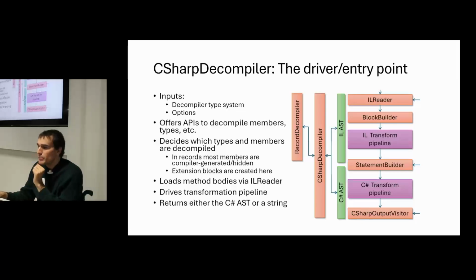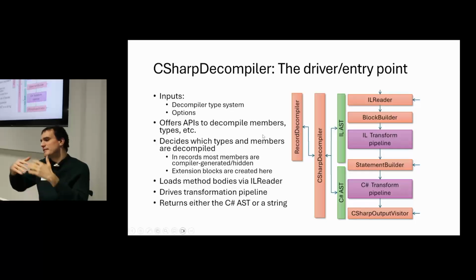Also, extension blocks are inserted at this top level of the decompiler pipeline. And the first thing is we load the method bodies via the IL reader and we start the transformation pipeline.